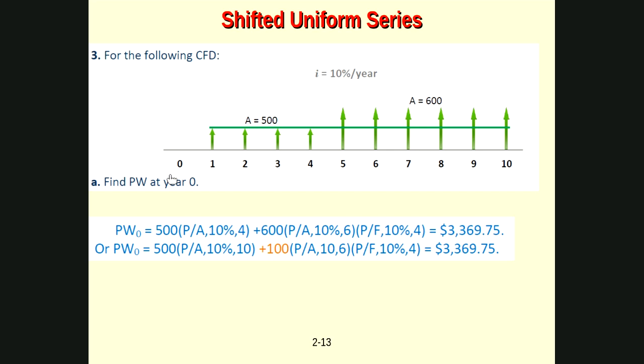So finding a single value is not considered to be an annual. But here in this problem it is asking for a single value. It's finding the present worth. PW stands for present worth, and the present worth is a single value. Yes, so when you find it at year 0 as a single value, yes, consider that to be the solution.